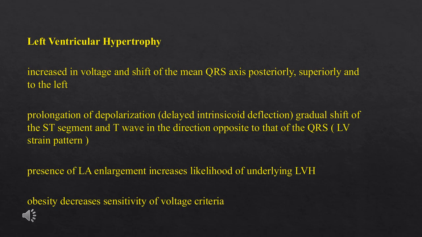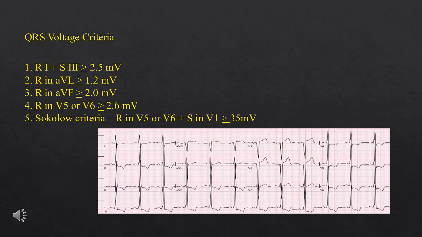Presence of LA enlargement increases the likelihood of underlying left ventricular hypertrophy, and obesity decreases the sensitivity of the voltage criteria. These are the voltage criteria for the diagnosis of LVH via ECG, and the Sokolow criteria is the one that is frequently used.